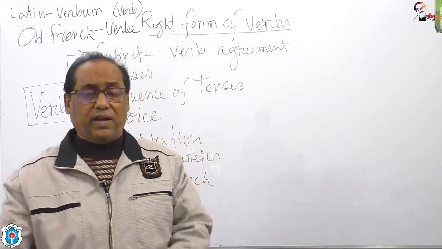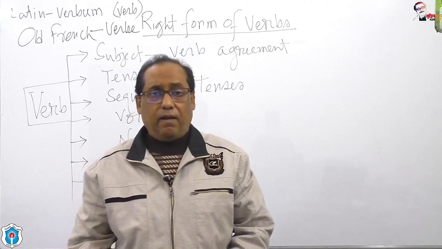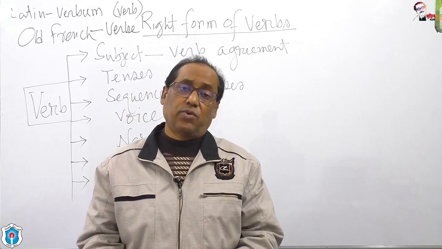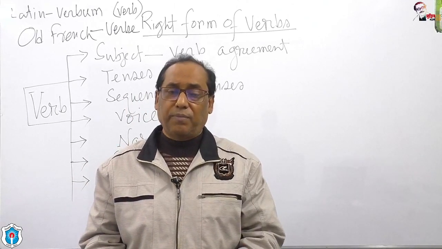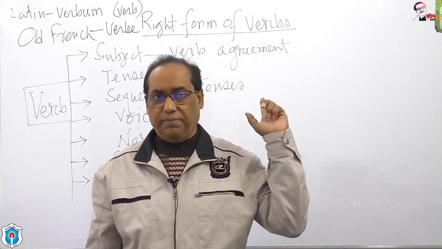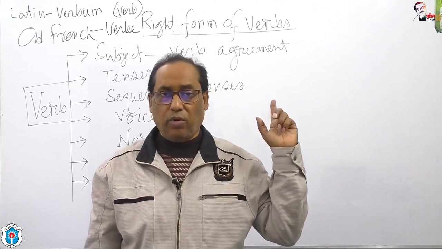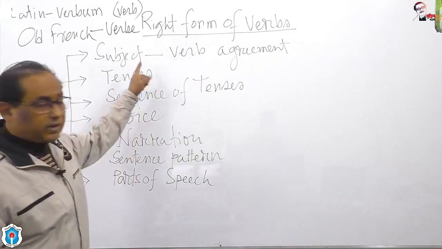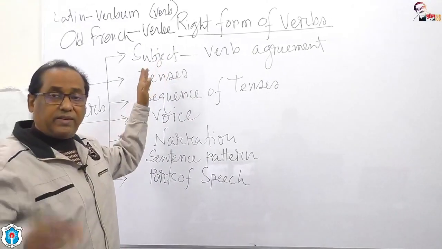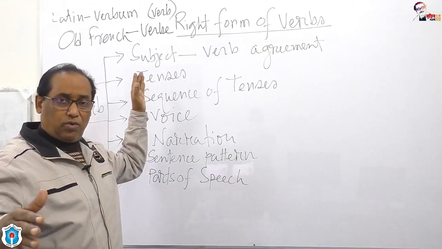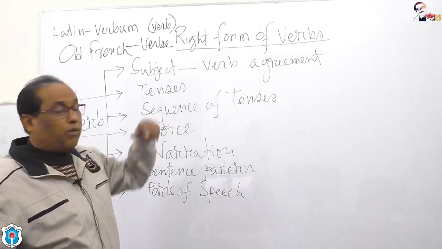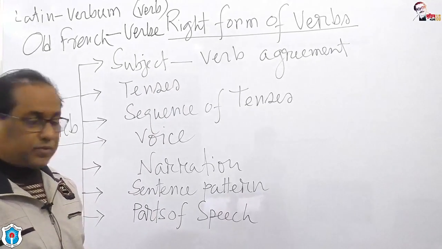Now, what are the factors related to right form of verbs? You can see on the whiteboard what are the grammatical items that you need to know to learn right form of verbs.